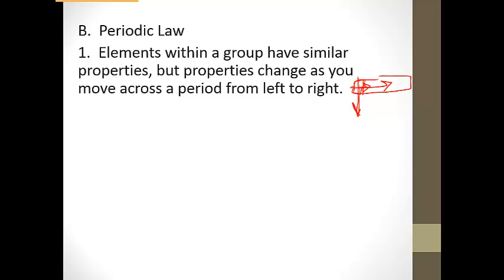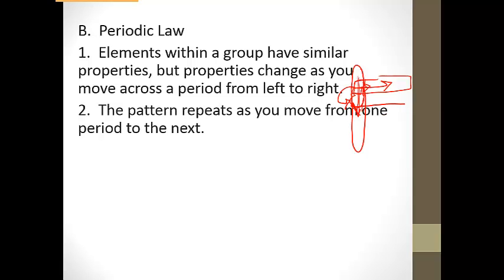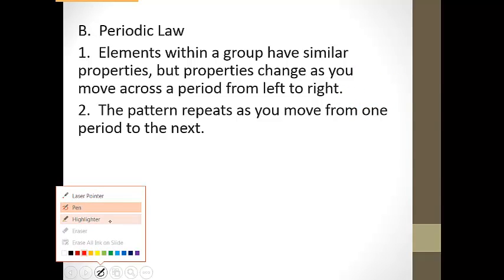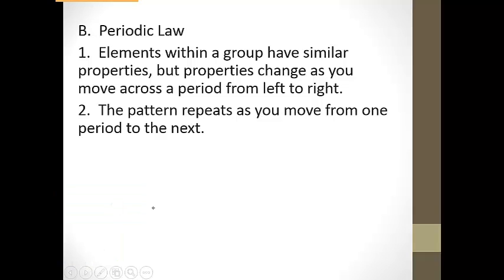That's why it's called the periodic law, because as you go down to the next period, this property reoccurs in this family. These families are going to be the same, but within the period going left to right, the property changes. So the property repeats when you move down to the next period, because you're now hitting something from the same family.